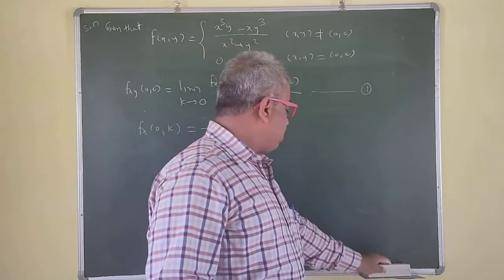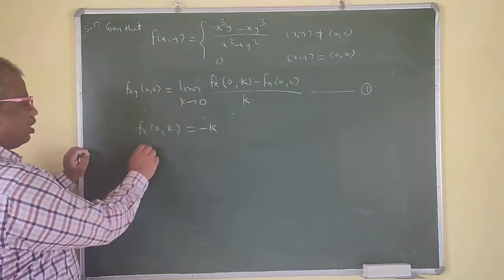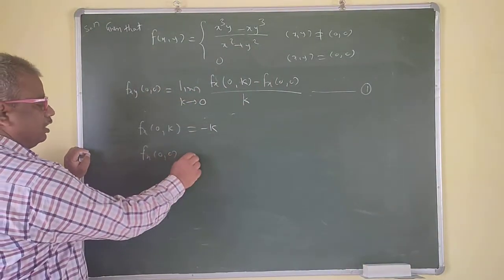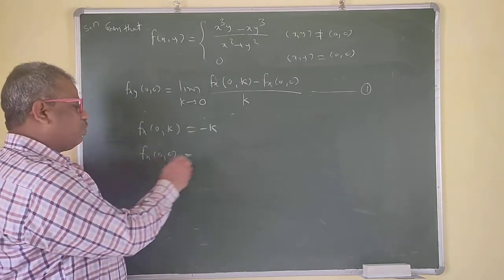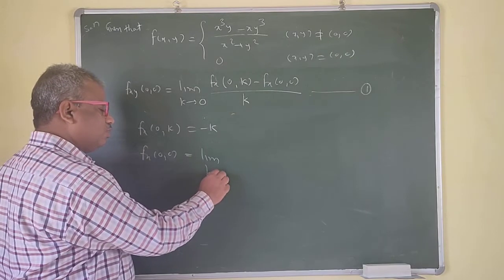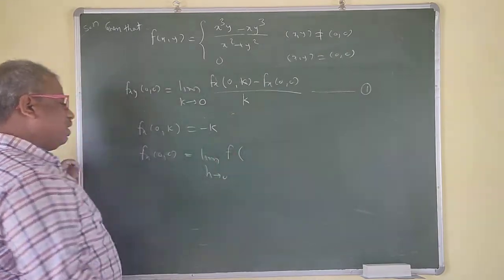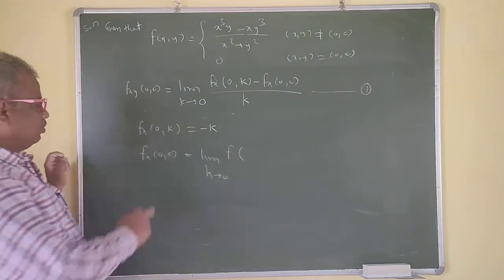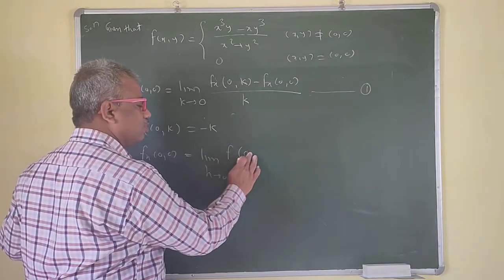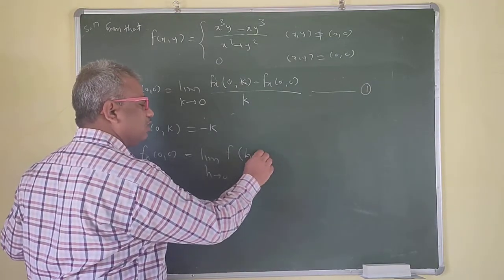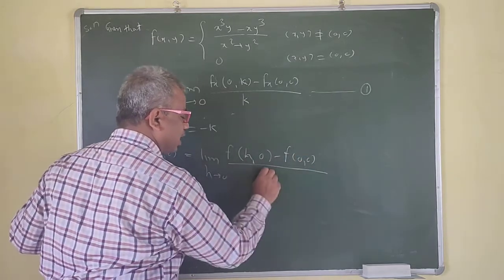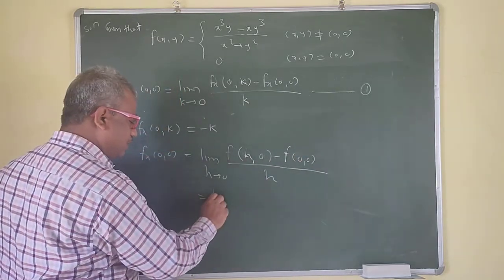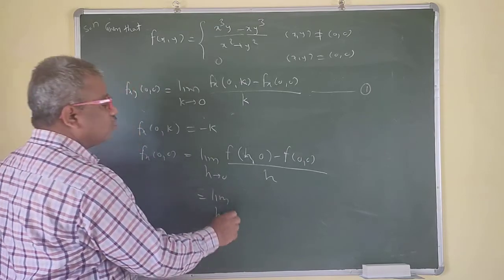First we also have to evaluate fx(0,0). So we will evaluate fx(0,0) now. This is simple. We are differentiating f with respect to x. So limit h tends to 0, we have to increase the x coordinate by h. So this is [f(0+h, 0) minus f(0,0)] upon h, that means f(h,0).